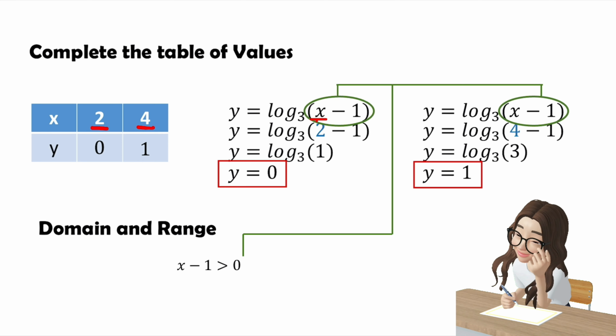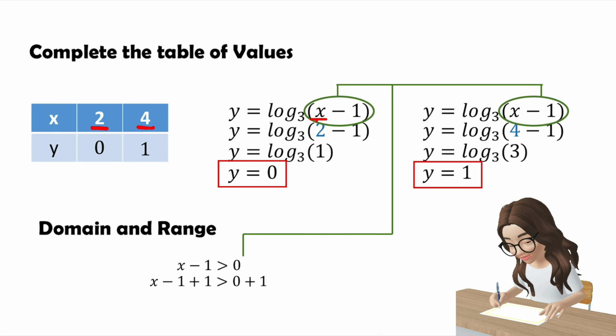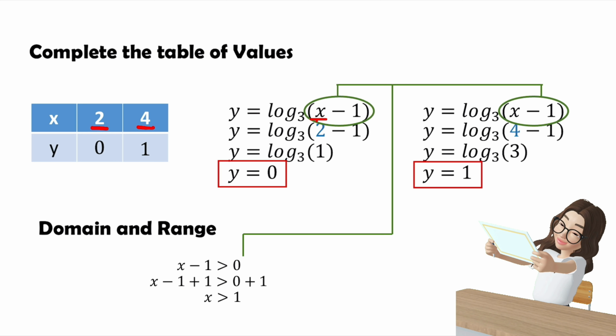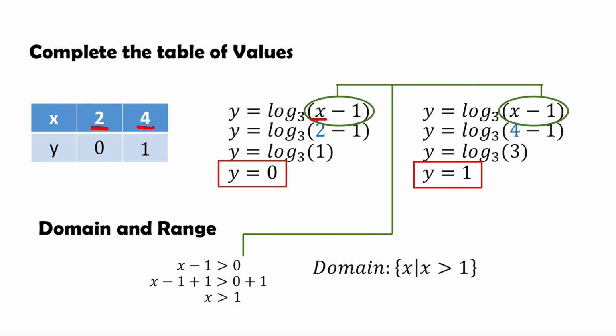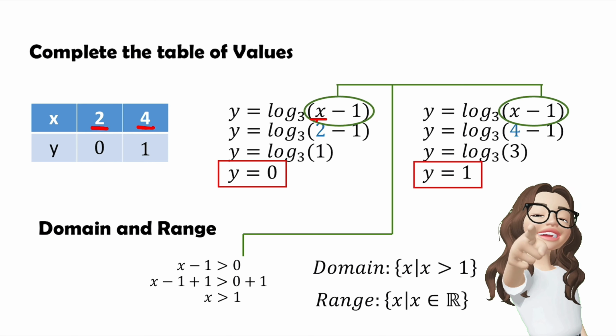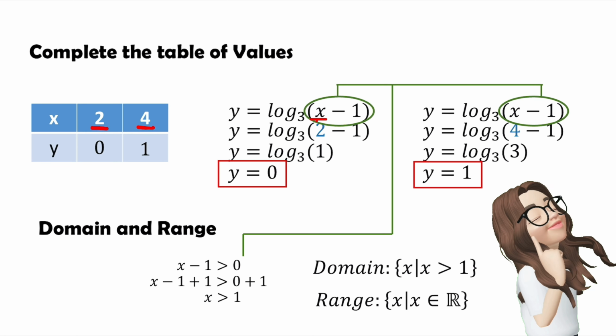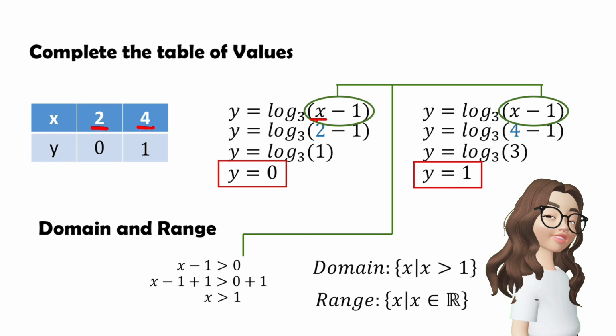Apply APE and we will have x is greater than 1. So the domain will be x such that x is greater than 1, whereas the range will always be an element of the real numbers. Therefore, if you will be picking values of x to be substituted in the given function, it must be greater than 1.